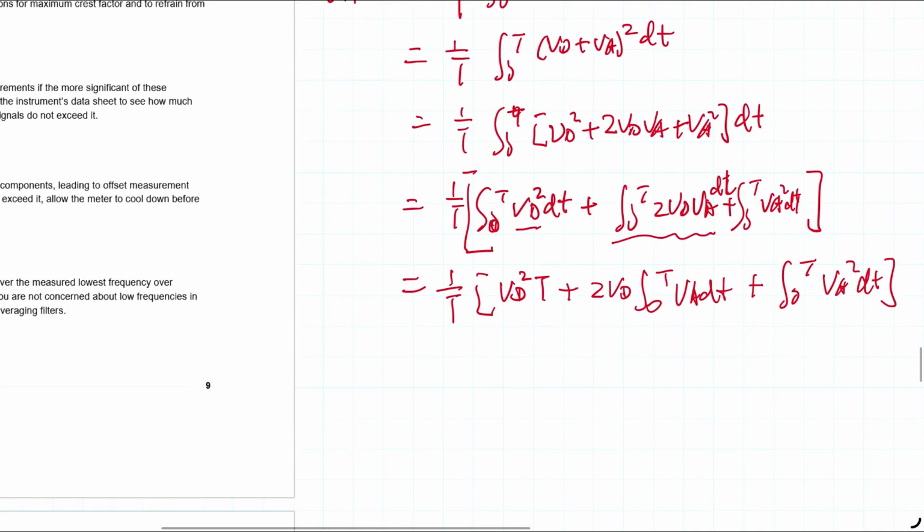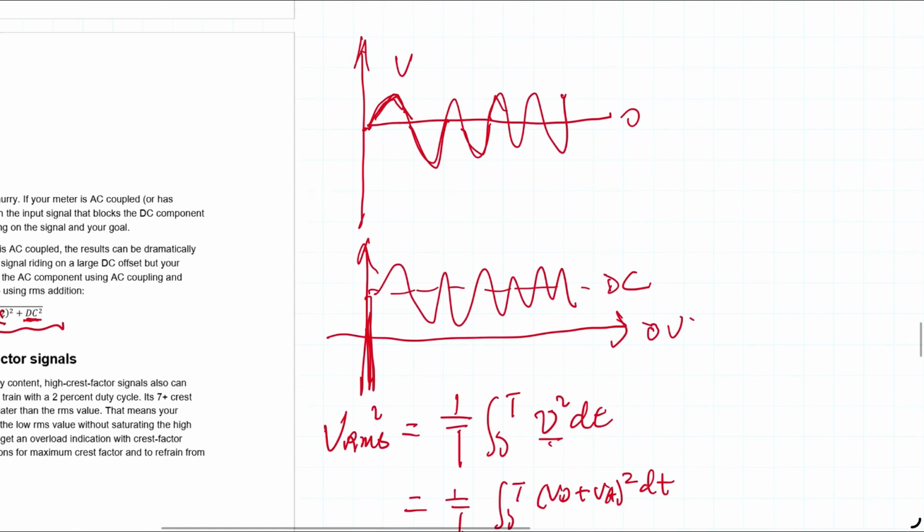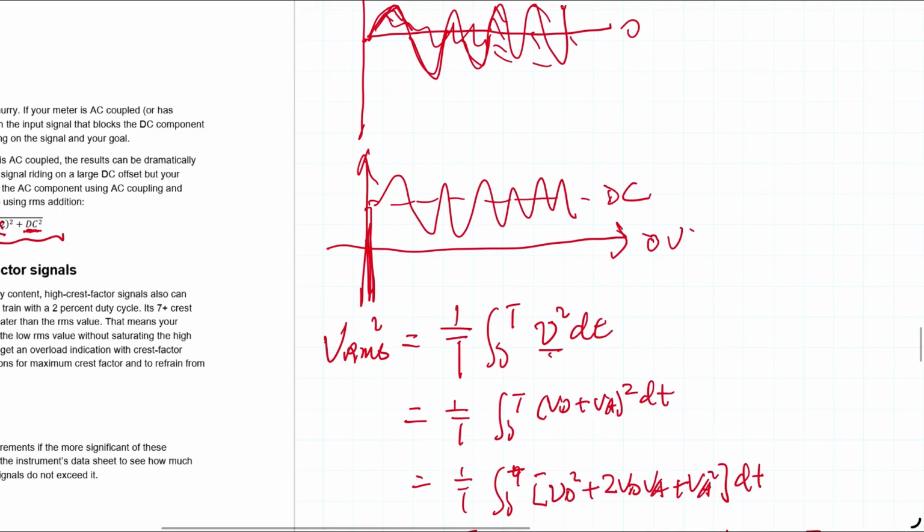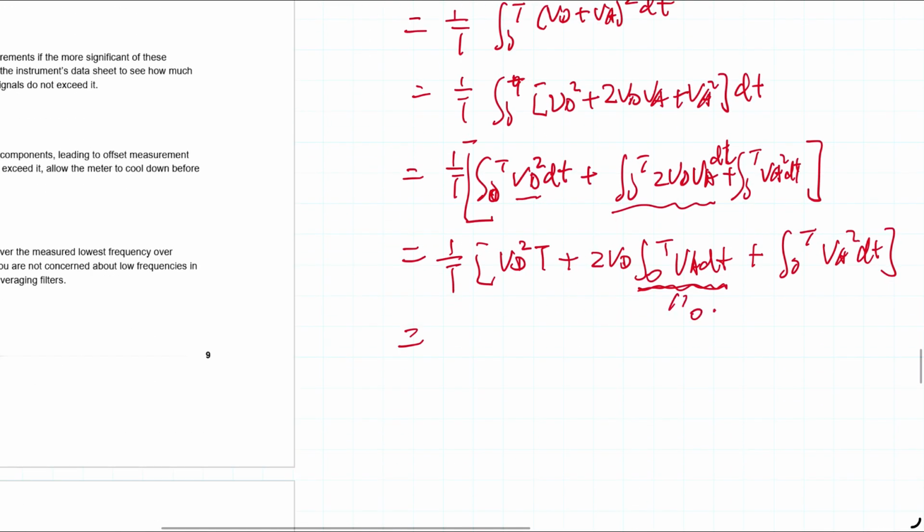Okay, what we have here, first we can look at this part, the integral of VA dt from 0 to T. Basically, this is the AC coupled signal, the area of the AC coupled signal. We know the AC coupled signal areas on average will cancel out, so this will be 0.